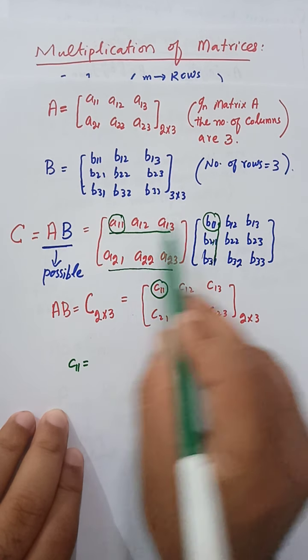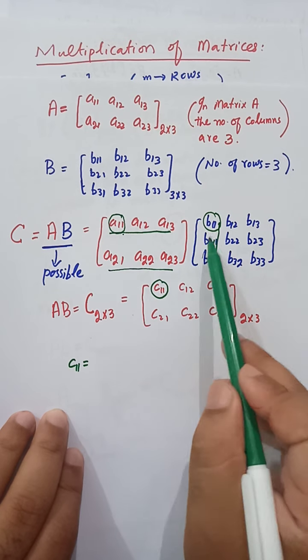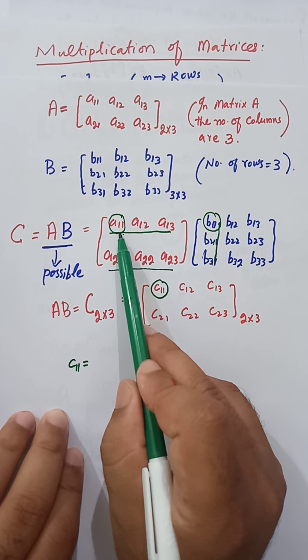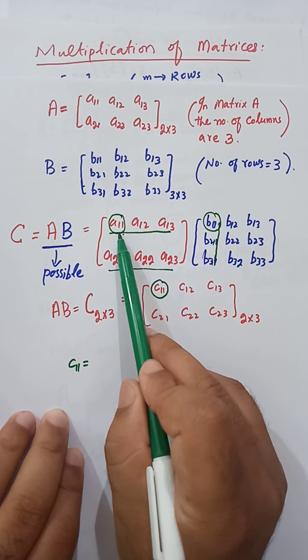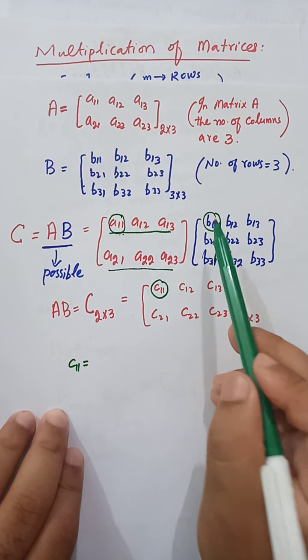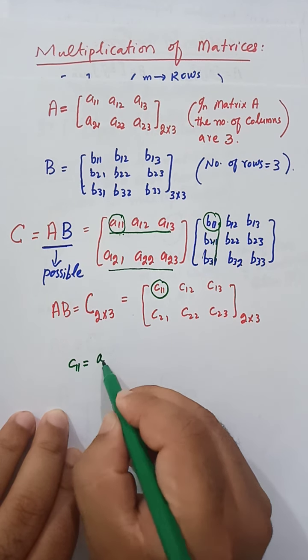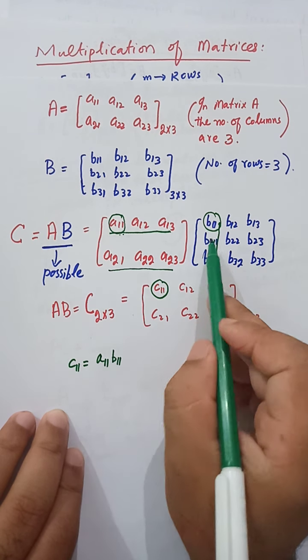The first step in multiplying two matrices is to multiply the first row with the first column. While multiplying the first row with the first column, you multiply the first element of the first row with the first element of the first column. You see that I am multiplying the first element of the first row with the first element of the first column.